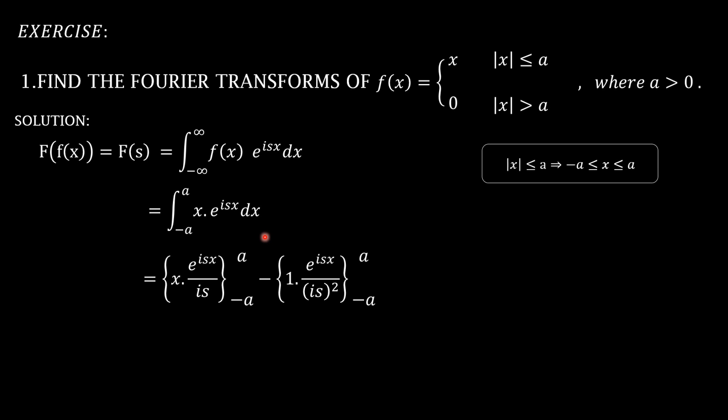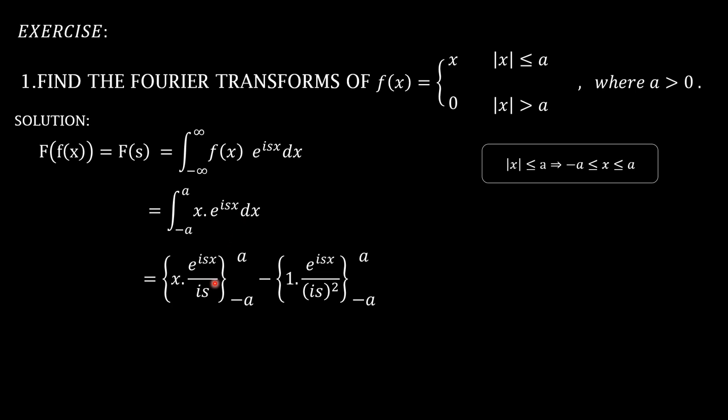Using the Bernoulli's rule, by choosing the first function as x and second function as e to the power isx dx, the above integral reduces to the form first function, that is x into integration of second function. What is the integration of e to the power isx with respect to x?